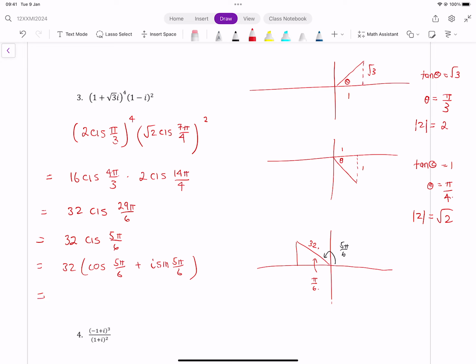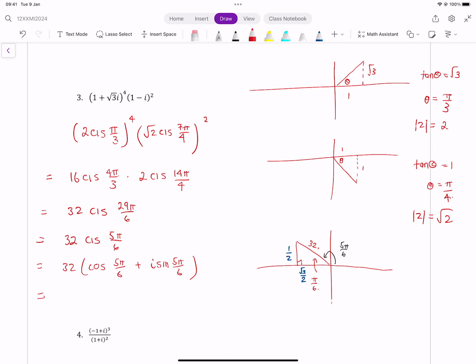Now, we're going to apply basic right-angled trig here to find the x and y components. The x component is 32 cos of pi on 6. Cos of pi on 6, let's quickly check, is root 3 on 2. So in the x direction this is root 3 on 2, and in the y direction, I'm pretty sure sine of pi on 6 is a half. Good.